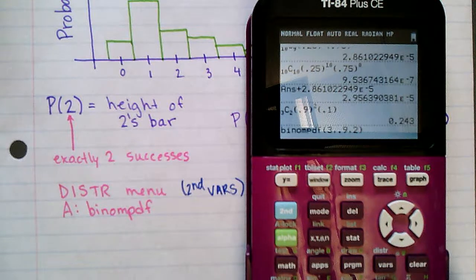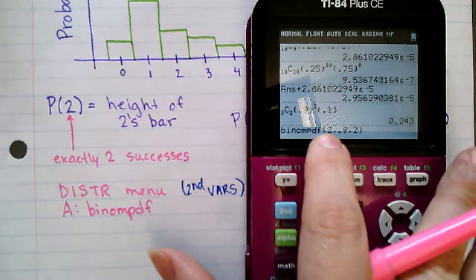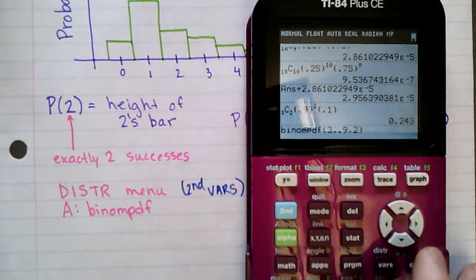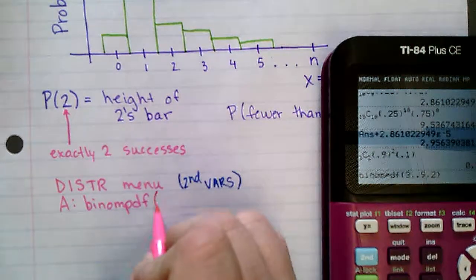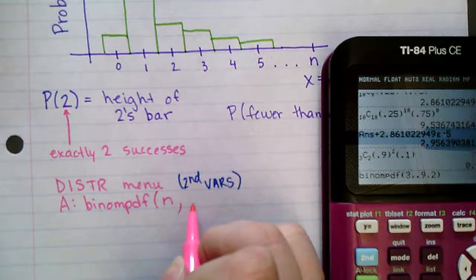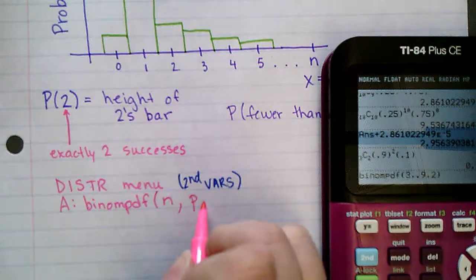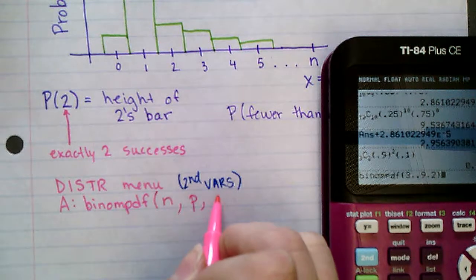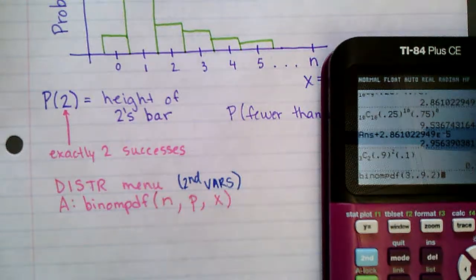Your operating system may look different. You may actually have to type it in those parentheses. So you may have to type in on your calculator the value for n, then a comma, the value for p, then a comma, and then the value for x.